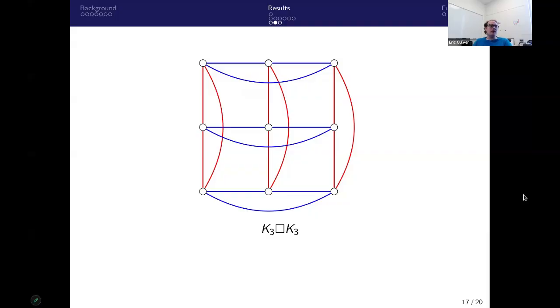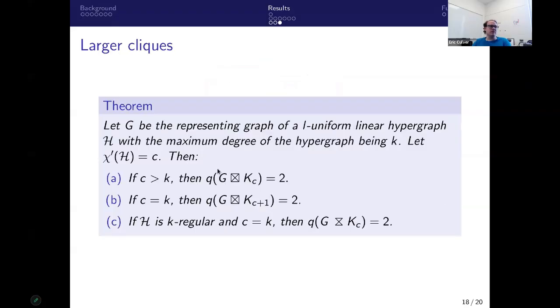We can use this to show that this graph, or really any graph that is a Cartesian product of 2 of the same clique, modified strong product K2 will have a Q number of 2. And then generalizing it in the same way that we did before, we can do similar sorts of strong product results where we modify things on the diagonal.